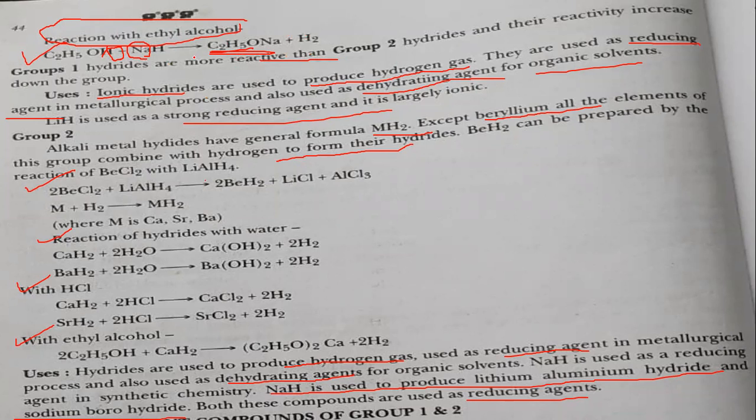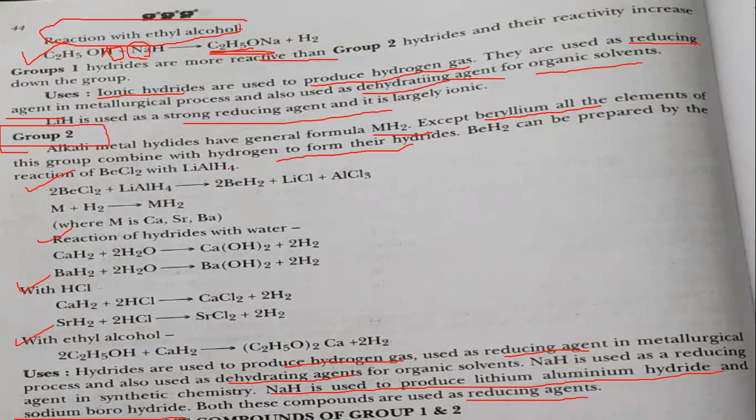These hydrides of first group elements are used to produce hydrogen gas. They are also used as a reducing agent in metallurgical processes, and as a dehydrating agent.